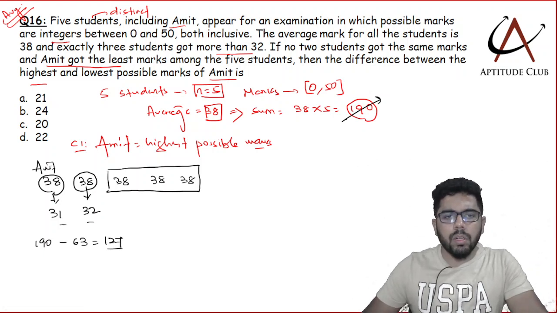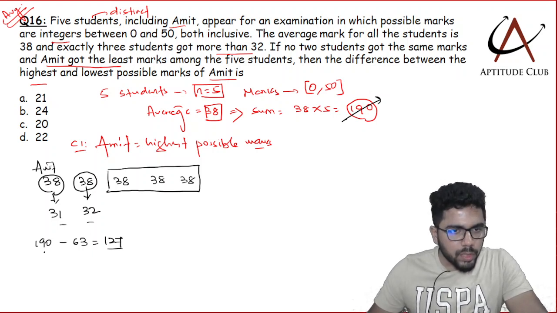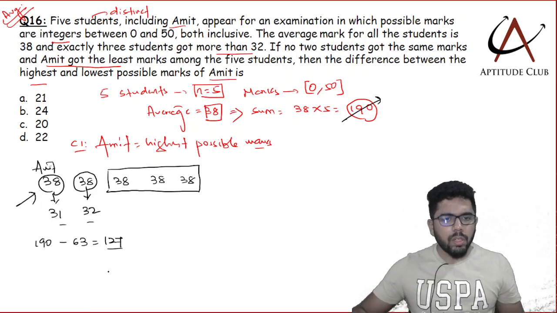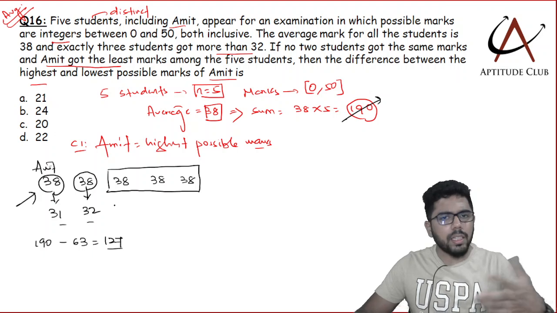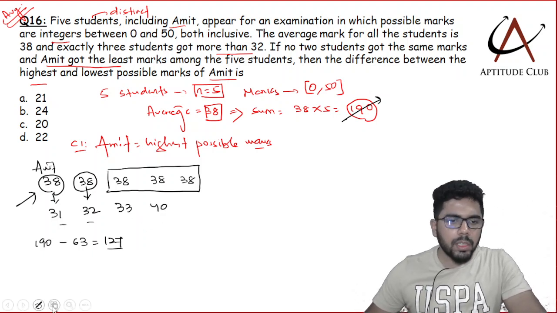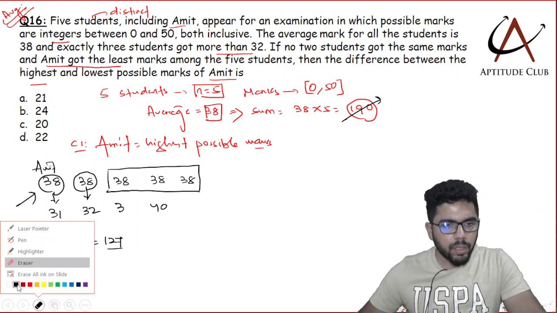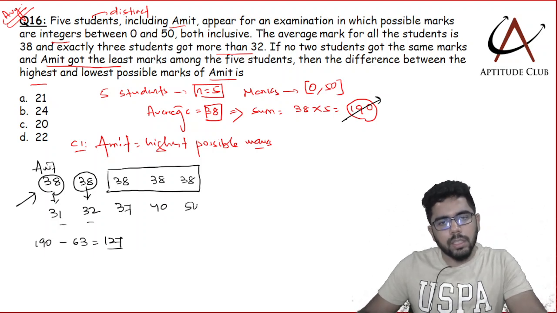I'll have to distribute 127 between these 3 people such that all 3 of them have more than 32. You can take it in any manner, because we are only focused on Amit. So I can take this as 33 and maybe this as 40. Yeah, you can take 37 and 40, that makes it easier. Suppose I take 37 and 40, 77, and I'll take this as 50.